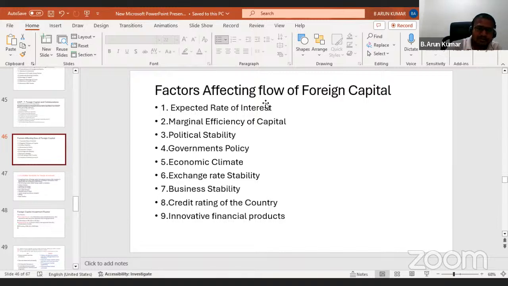Then the BJP government also performed for the last two terms, and the government is very stable.